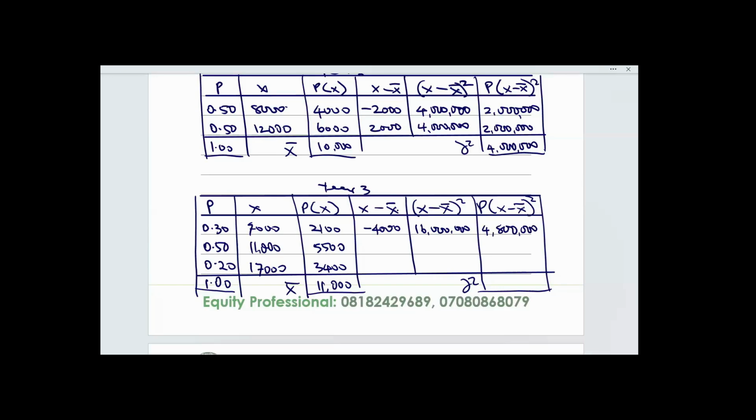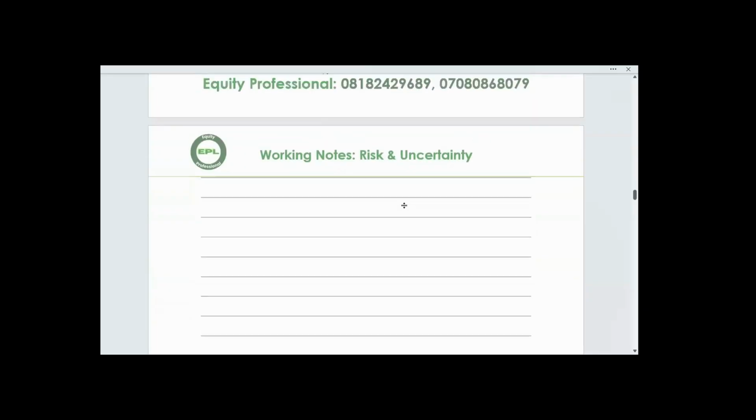Okay, so 11,000 minus 11,000, 0. 17,000 minus 11,000, 6,000. 6,000 squared, 36 million. 36 million multiplied by 0.2, 7,200,000. When you add it up, that's 12 million. So at this point, we can now answer the question appropriately.